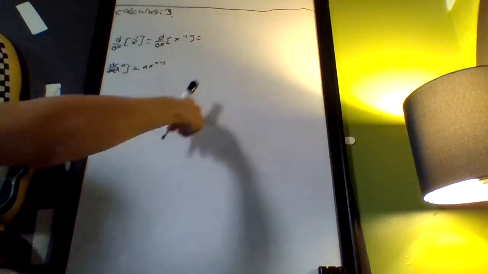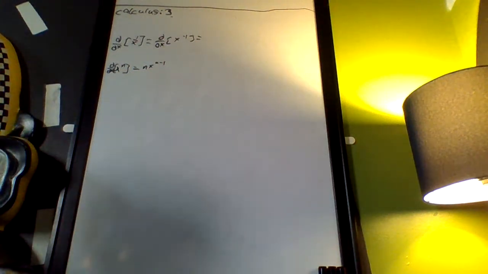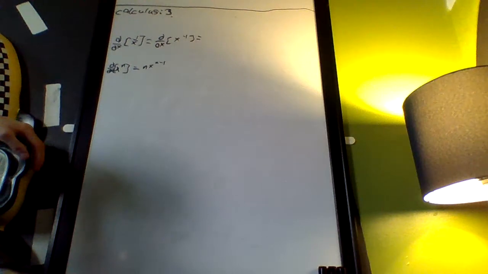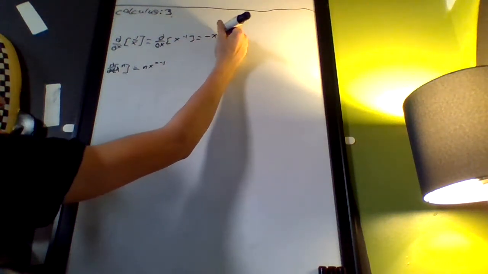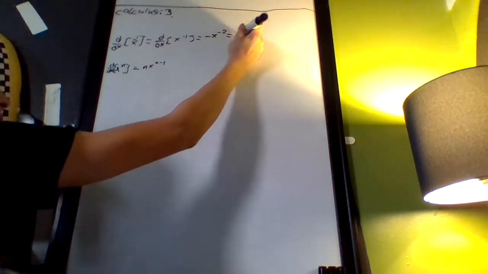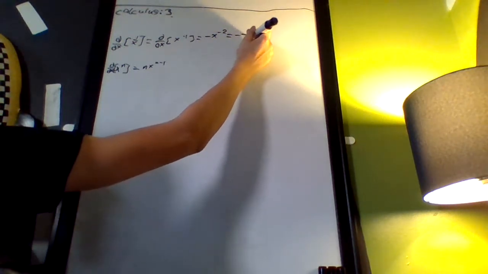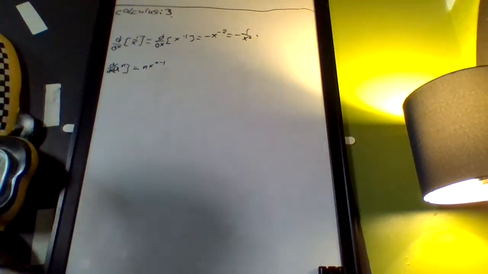So negative 1 times x to the negative 1 minus 1, which is negative 2. So it's negative 1 times x to the negative 2, which is then going to be negative 1 on x squared. Okay?